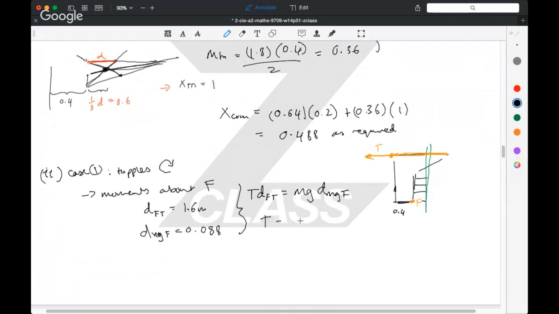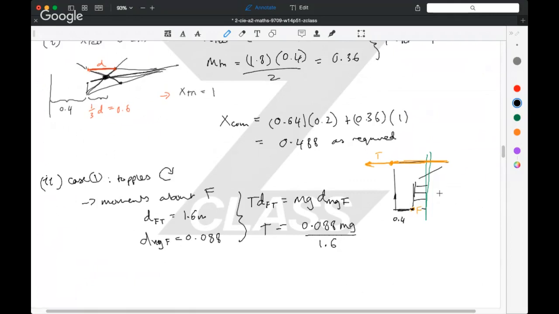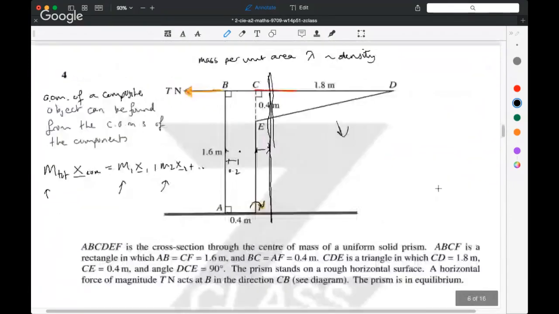So the tension must be equal to 0.088 mg all over 1.6. So this is the case where T is quite small compared to the weight. This is where the weight is almost enough to overpower it and send the thing toppling that way.